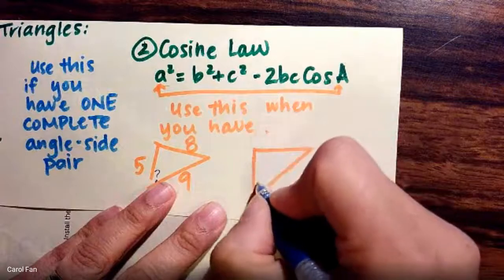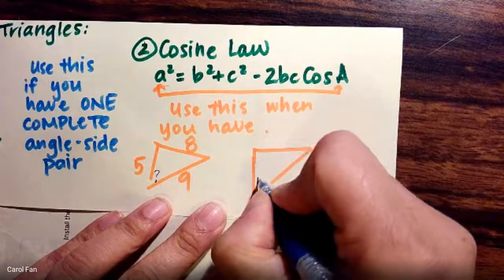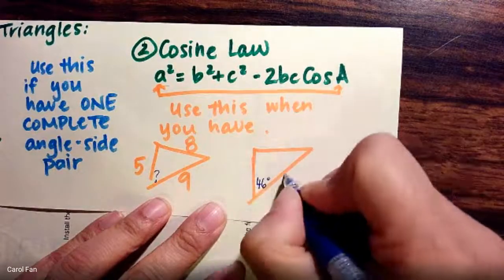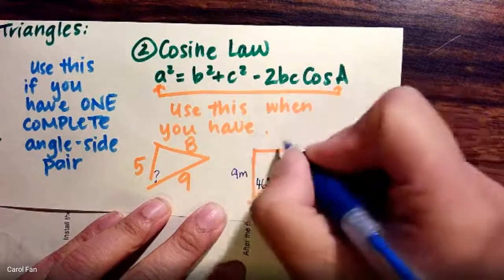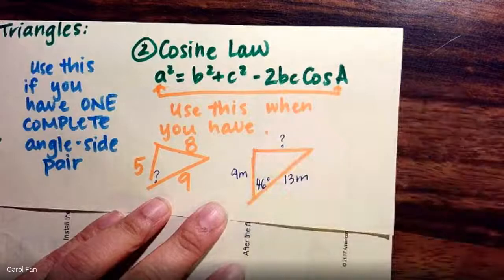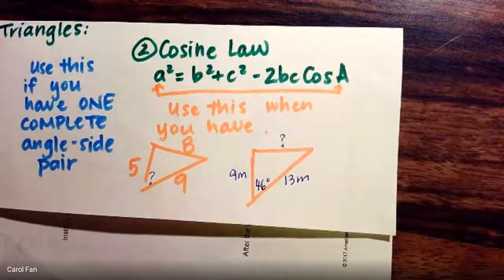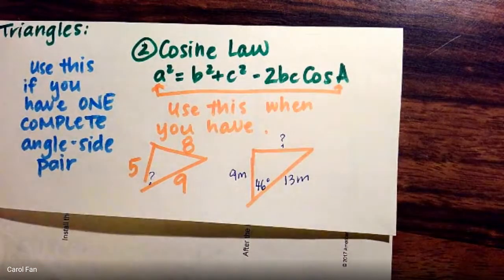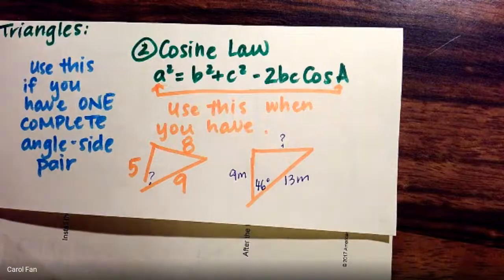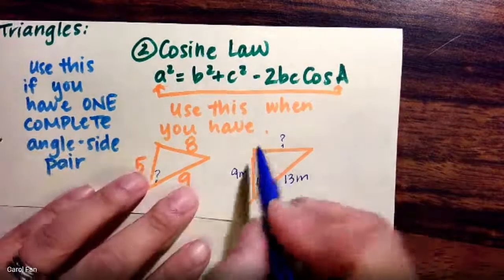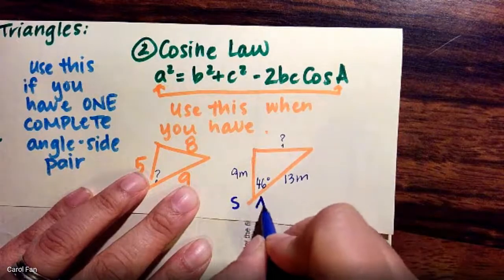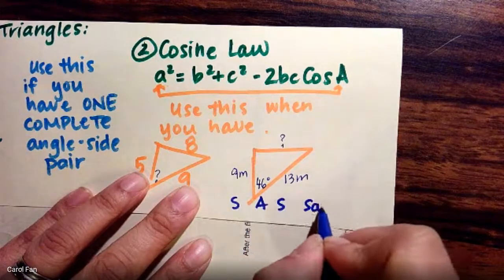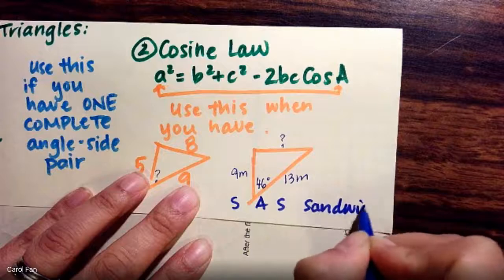So let's say I have 46 degrees, 13 meters, and 9 meters. I want to know what that angle is, or that side is. Now I see that I have a side angle side sandwich.